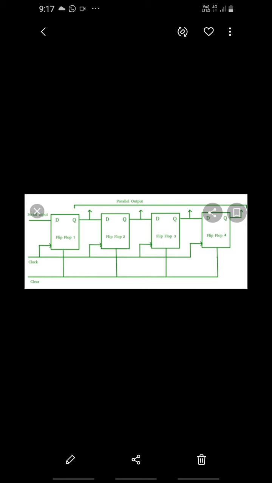The register can store up to 4 bits of data. Serial data is applied at the D0 input of the first flip-flop through the input DIN.